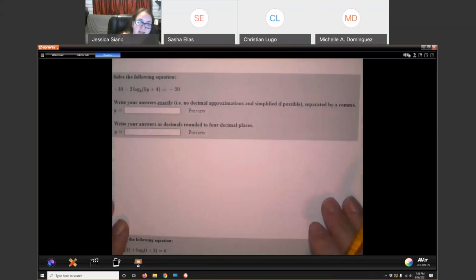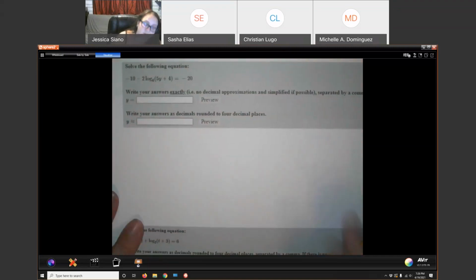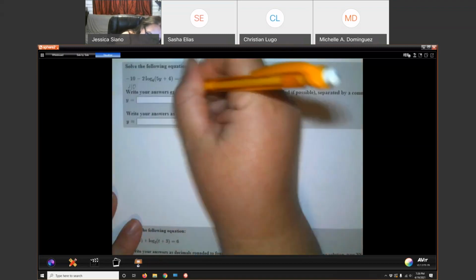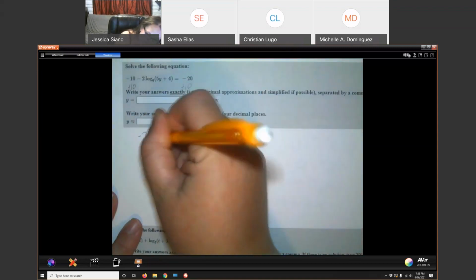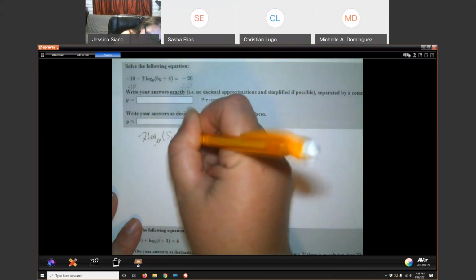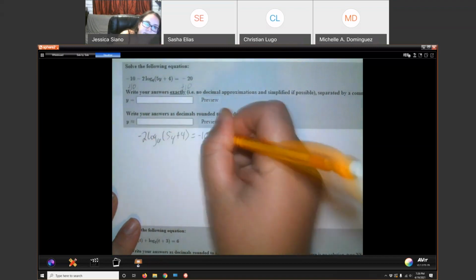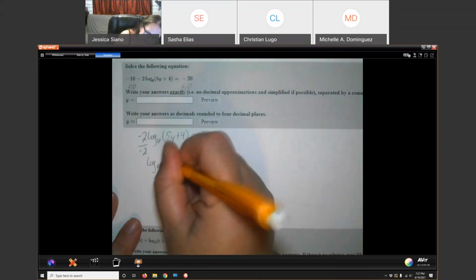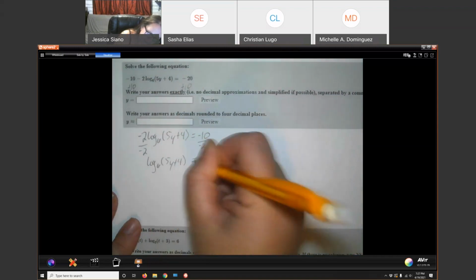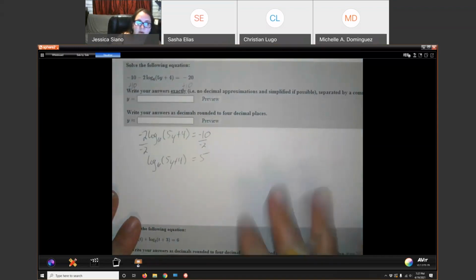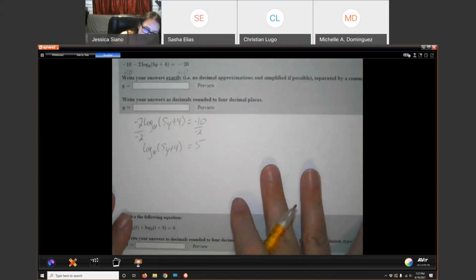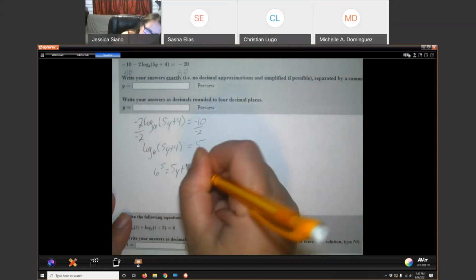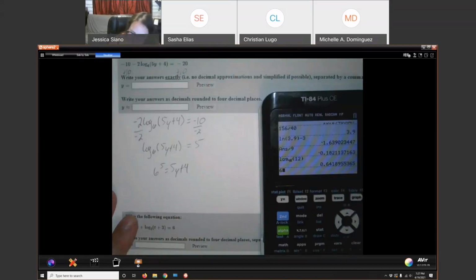So for this next one, I need to isolate the log. So we'll do that by adding this 10. And then dividing this negative 2. And now we're going to turn this into an exponential. So this would become 6 to the 5 equals 5y plus 4. 6 to the 5 is 7776.